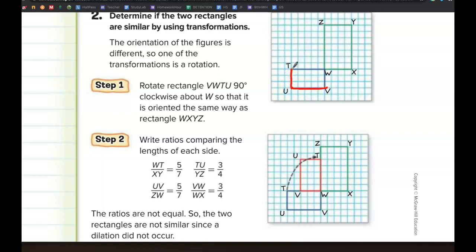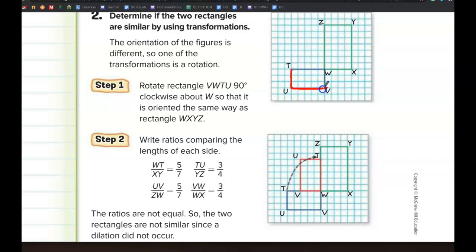Between U and V, what is that going to correspond with on my green triangle? UV is a long one, so X and W is short. I know that's not going to work. I got X and Y. X and Y and W and Z, those are the same sides.